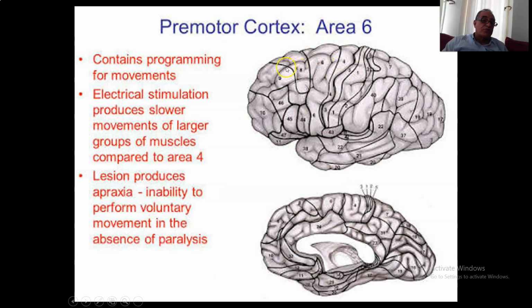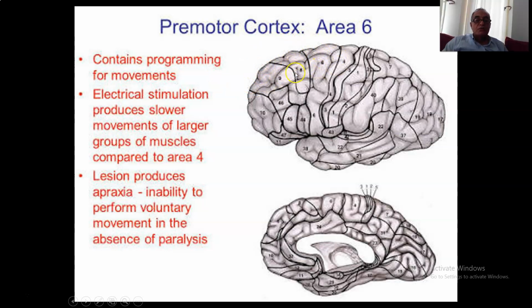The function also of the premotor cortex, as we said, the pyramidal area, as you know, the body is upside down, the head is here and the lower limbs are on the medial surface, and the hand and the thumb are the most importantly represented. In front of it, the premotor area 6 is important for programming the movements.